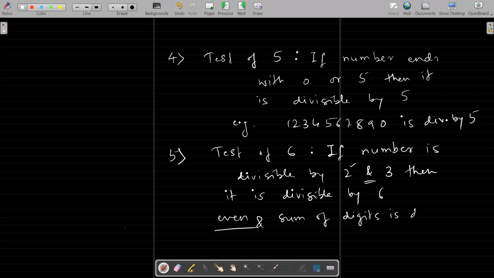For example, 1, 2, 3, 4, 5, 6, 7, 8. Is it divisible by 6? Yes. Very first thing, it is even, and the sum of digits was 36.